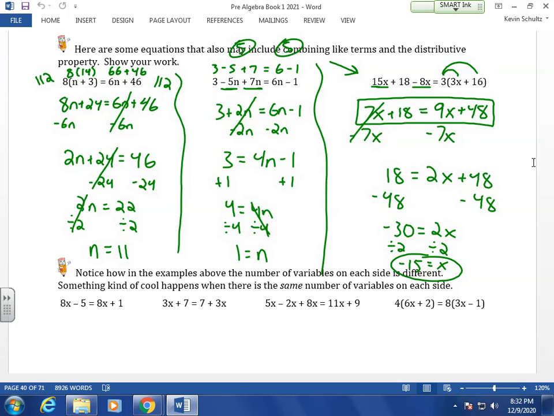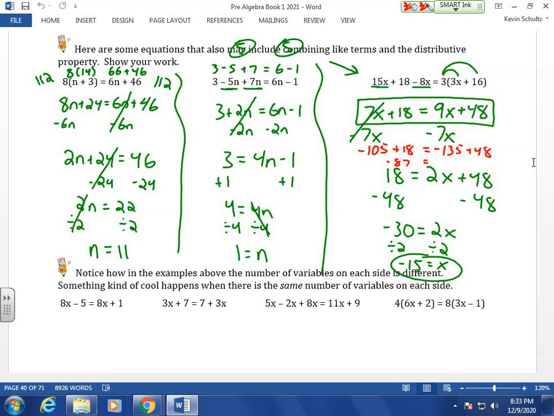And then 7 times negative 15 is negative 105 plus 18. 9 times negative 15 is negative 135 plus 48. Okay. Negative 105 plus 18 is a negative 87. Right?